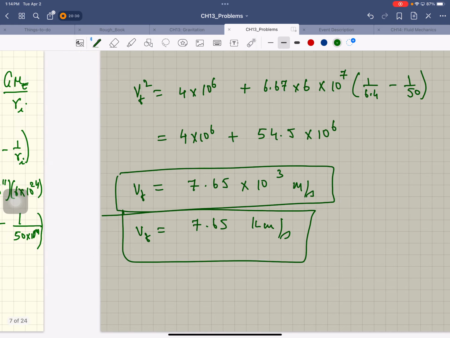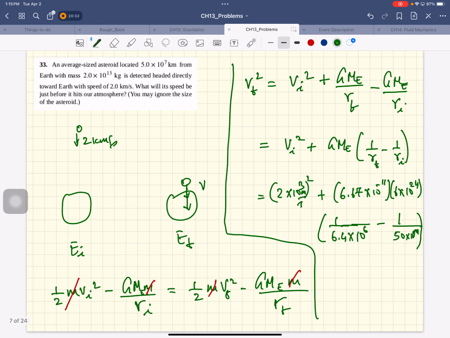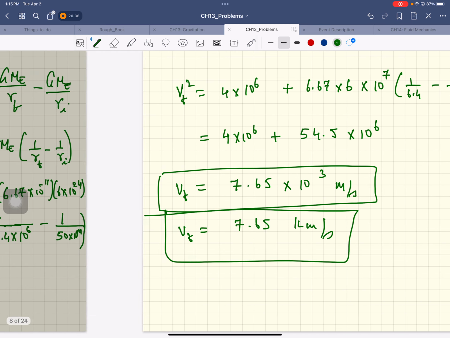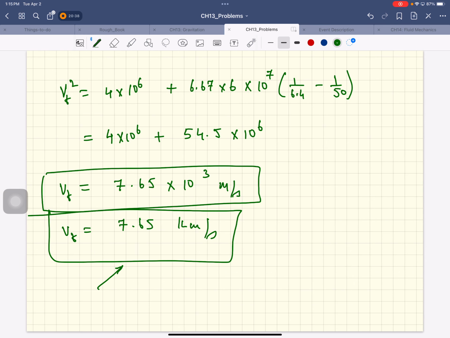Still doesn't change much. This speed is bothering me. It should be a little higher.